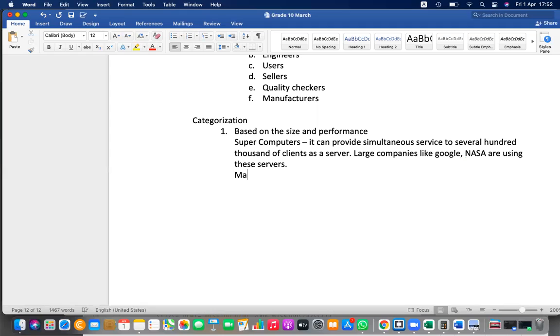Then comes the mainframe. There are two categories.